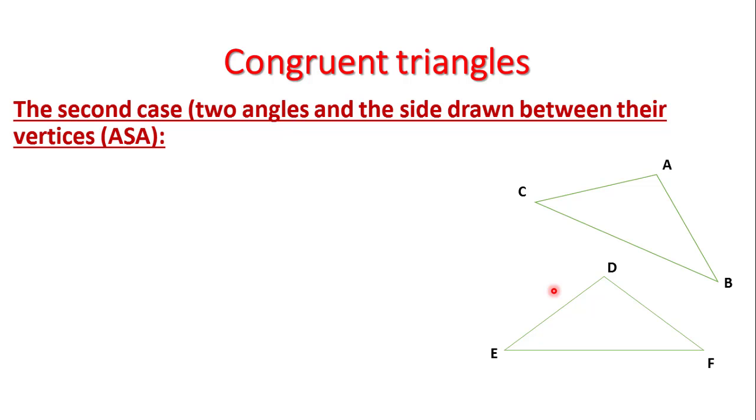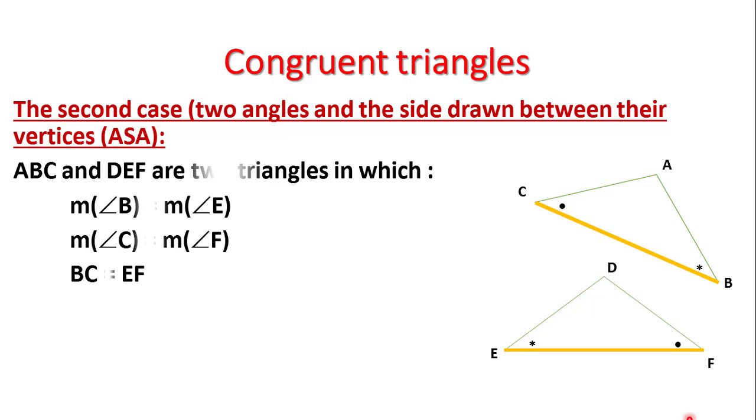Case number 2, 2 angles and the side drawn between their vertices. Look here, for example, we have the angle B congruent to angle E, and angle C congruent to angle F. Also, the side BC equals in length the side EF.